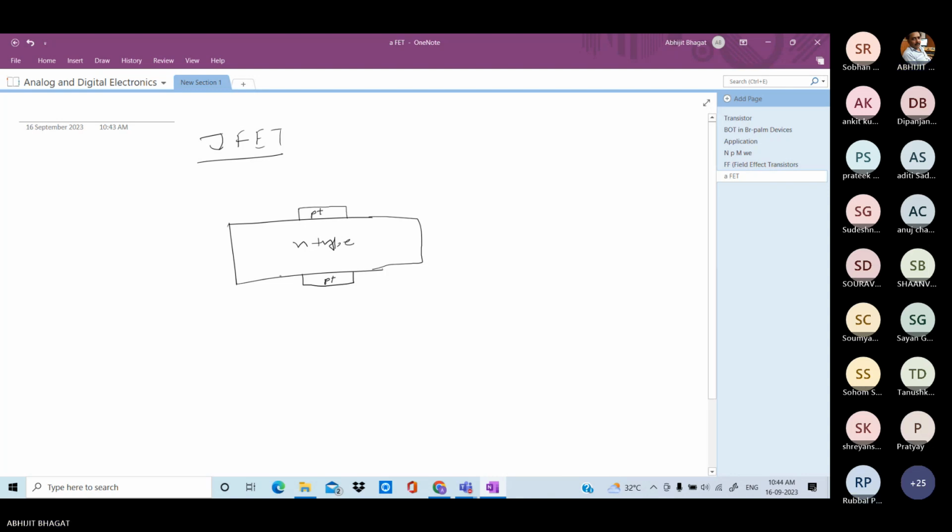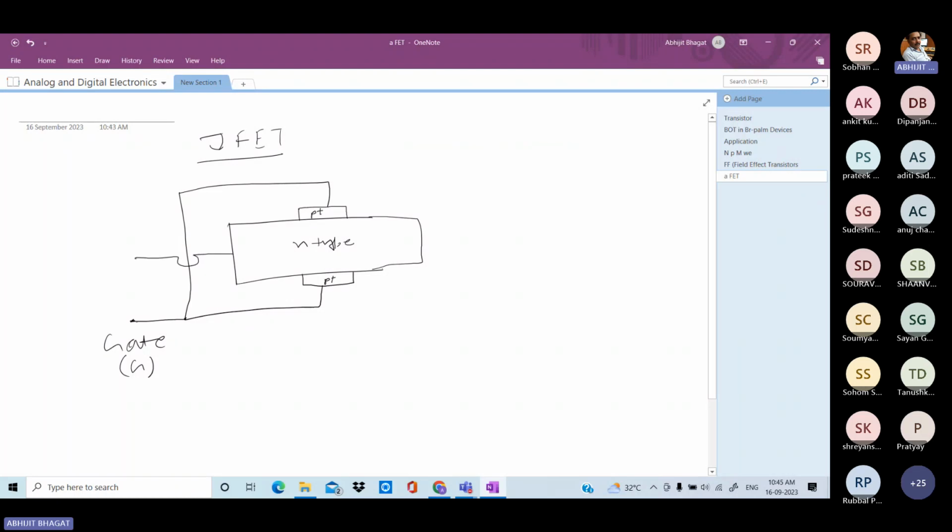Now, this region is one of the terminals, and this terminal is called gate, denoted by G. Beside that, there are two other terminals.